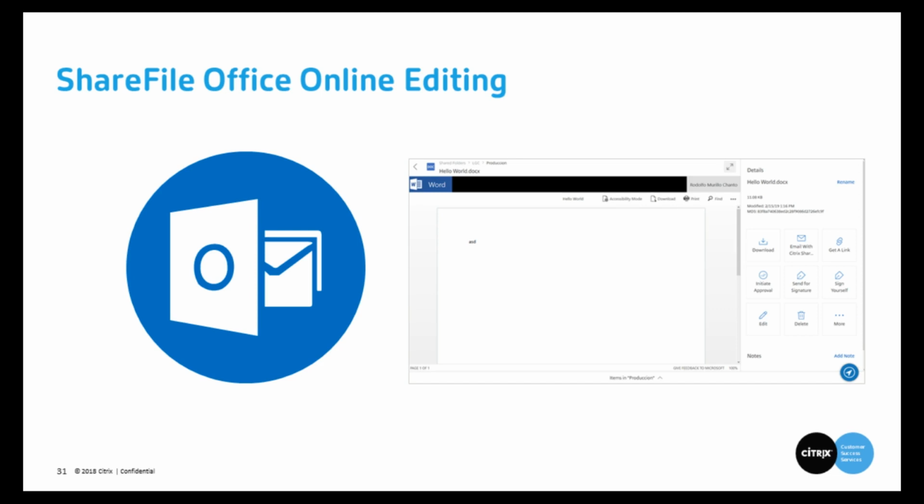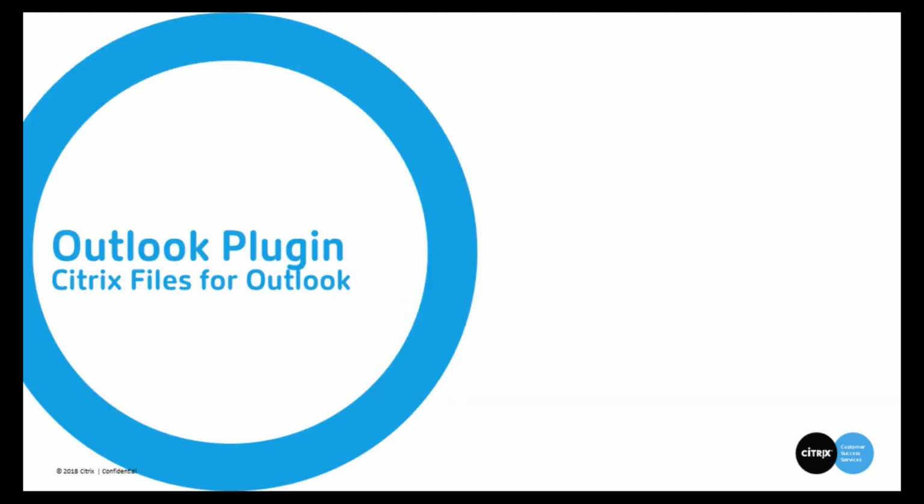The Office plugin is another tool that ShareFile has made available for customers that will allow them to use the Office application in order to start sharing and requesting files in an easier way using their Outlook tool. In order to share documents, when composing a new email, you can click on Attach Files in the Citrix Files ribbon.